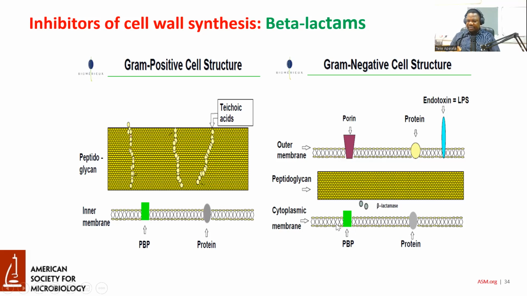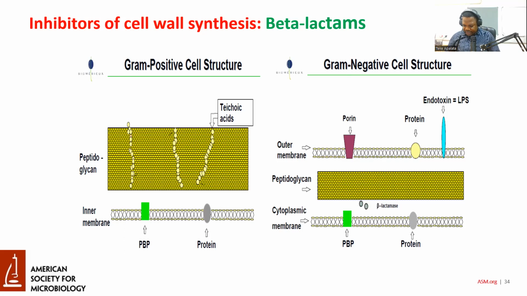This structure itself creates limitations when selecting an antibiotic, depending on whether you suspect a gram-positive or a gram-negative bacterium as the cause of an infection. Some drugs, if they are not able to pass through the porins or bind to specific proteins, will not be able to penetrate.